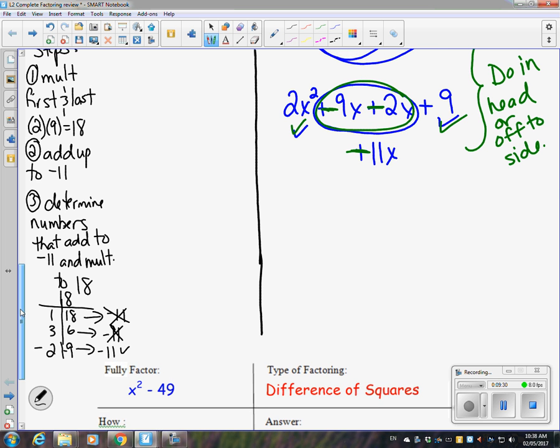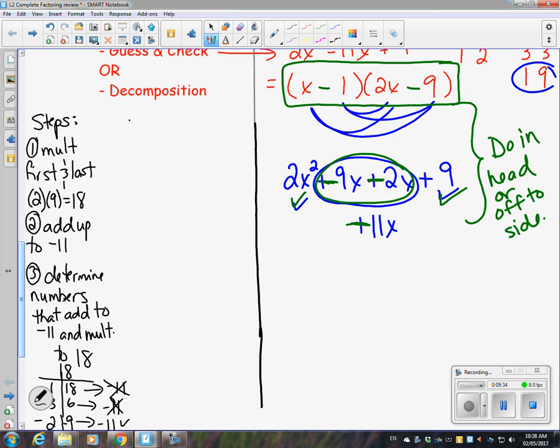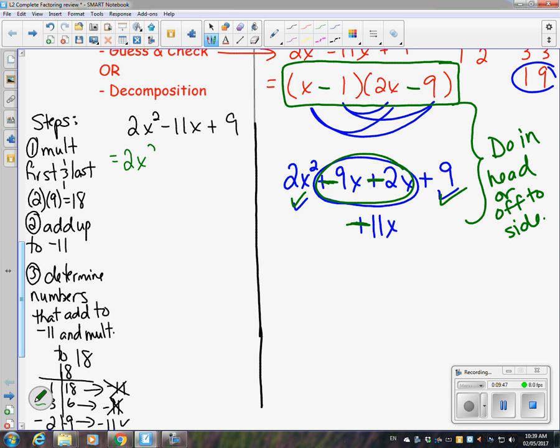So I take these numbers now and I go back to my question. 2x squared minus 11x plus 9. And this is the decomposing part. So the decomposing part, I keep the beginning exactly the same and I keep the end exactly the same.